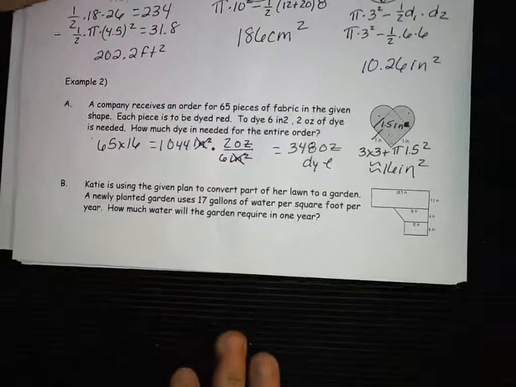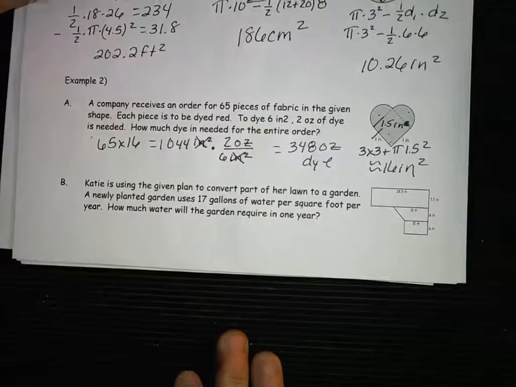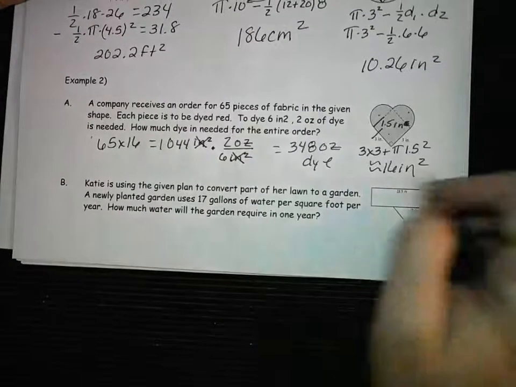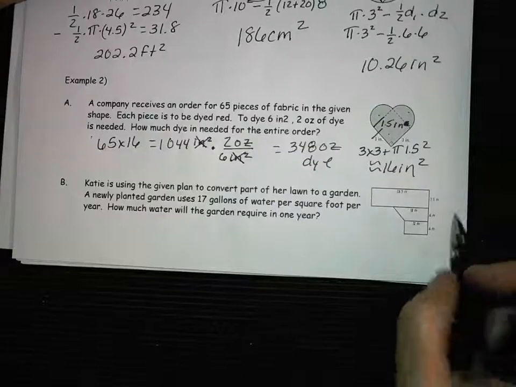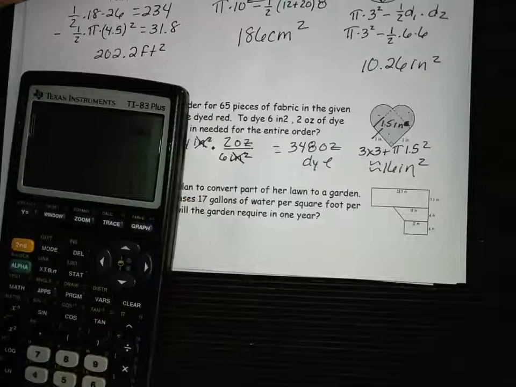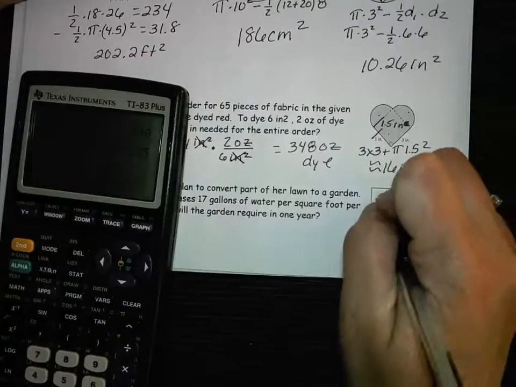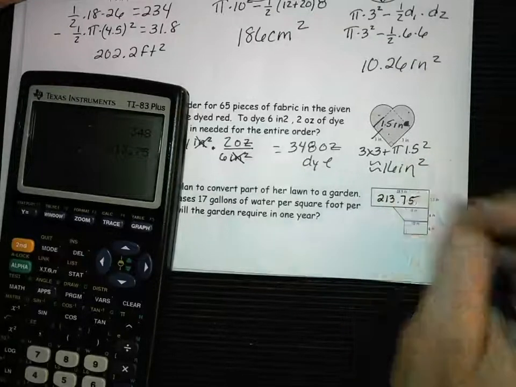And letter B, Katie is using a given plan to convert part of her lawn into a garden. So first of all, we need to figure out the area of this. The first one's a rectangle, 28.5 times 7.5. This one is 213.75.